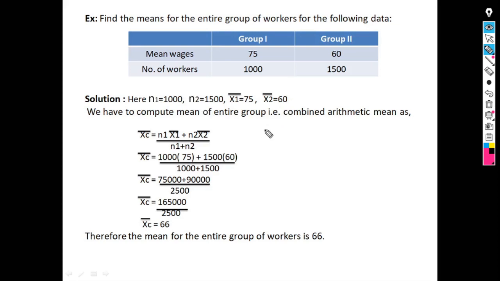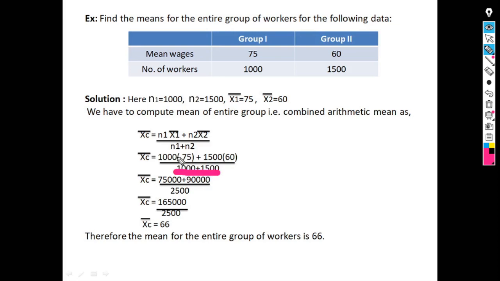The formula of combined arithmetic mean is xc bar is equal to n1 x1 bar plus n2 into x2 bar divided by n1 plus n2. Therefore, just substitute the values of n1, n2, x1 bar and x2 bar. That is 1000 into 75 plus 1500 into 60 divided by 1000 plus 1500.